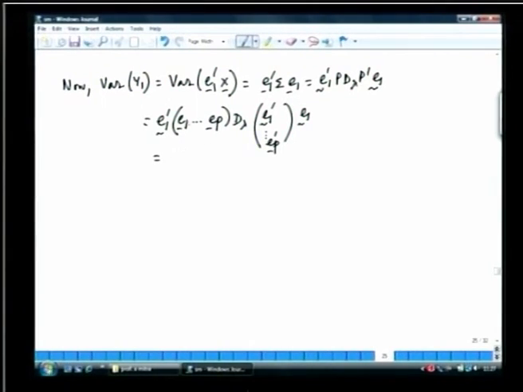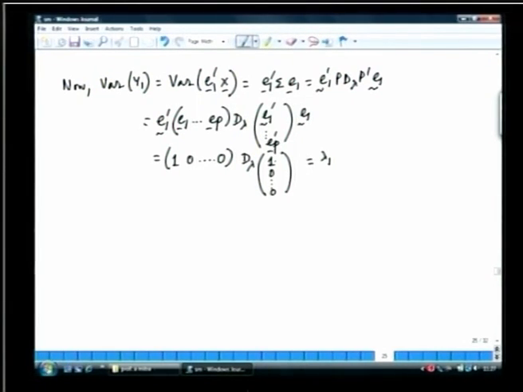By the fact that these EIs are orthonormal, combining this vector and this matrix is going to give me the vector 1 followed by 0, and here I have the diagonal matrix, and similarly I have this vector here. So this is nothing but lambda 1, because the first diagonal element of D lambda is lambda 1, and only this comes into the picture with 1 as the member here.